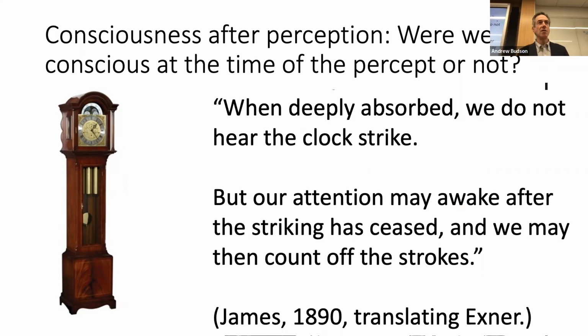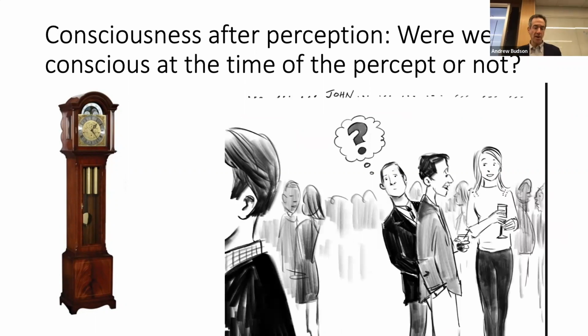So the question is, were we conscious of the clock striking or not? We all have this experience at a cocktail party, which I think is the same phenomenon: you hear your name spoken and suddenly you're able to be conscious of and recall what was said in the earlier part of that sentence, even though you weren't paying attention to it before.